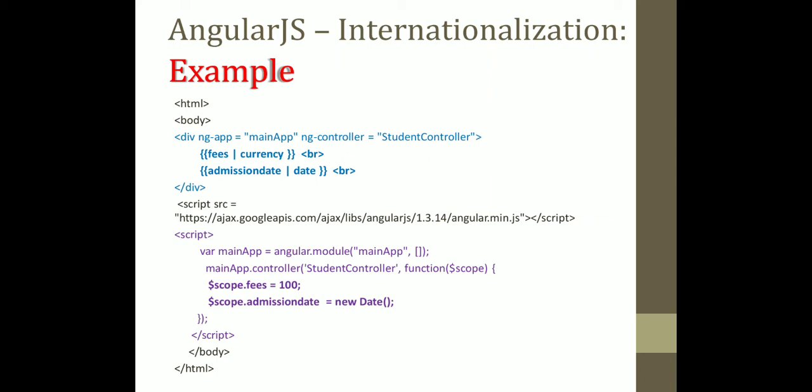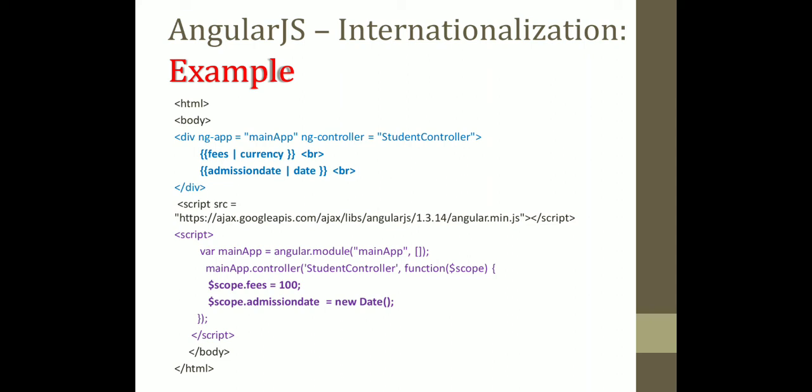Then we have included the script source, a simple link only. Then another script we have started for creating the module of your ng-app. So mainApp is started with angular.module, and we created mainApp and passed an empty array to it.